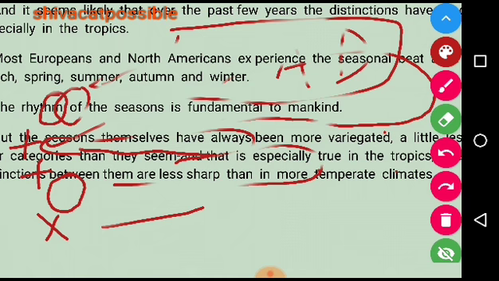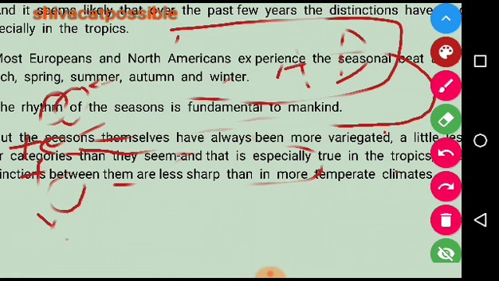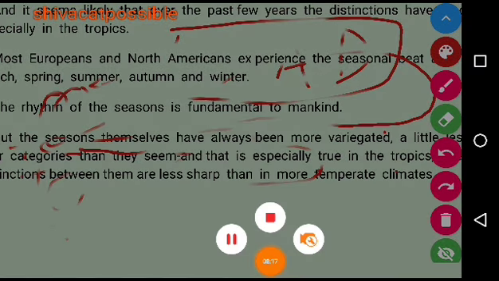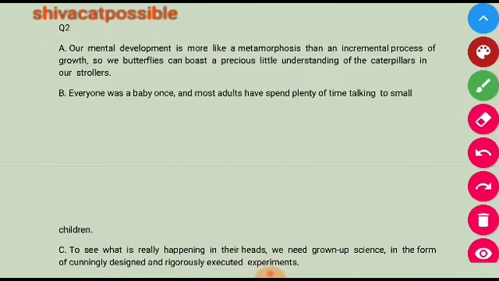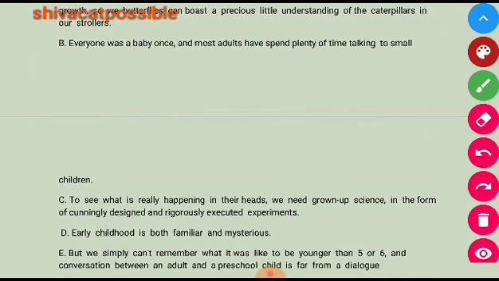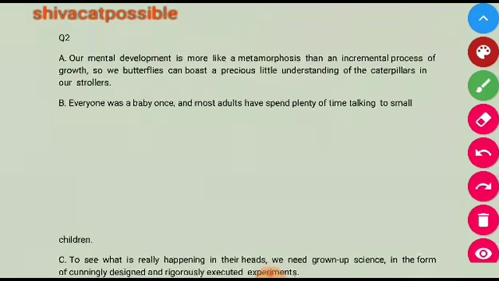Okay, next one. Next question is on mental development, A, B, C, D, E. It's a 5-option question, and it is mostly asked in examinations with 5 options. So let's start with this example.